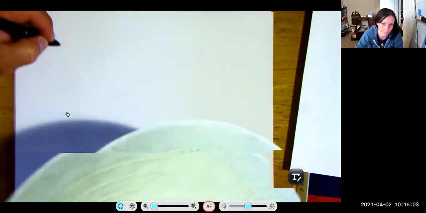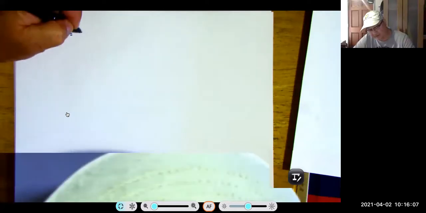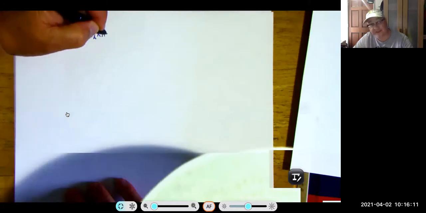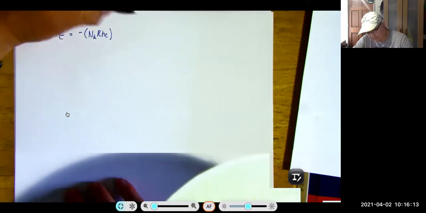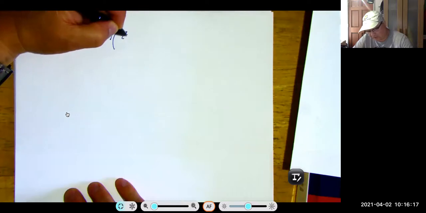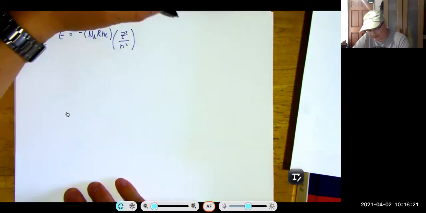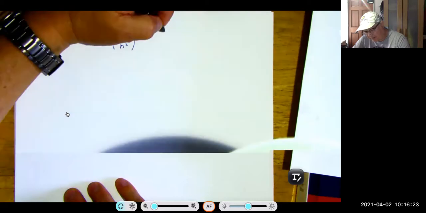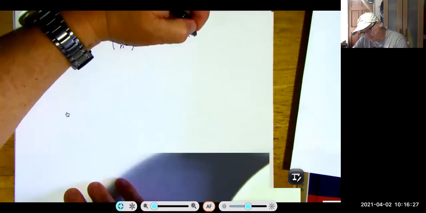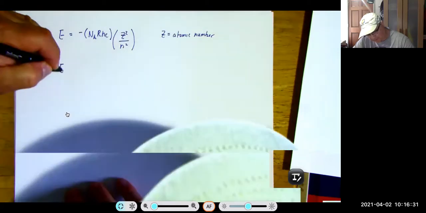So we've got E is equal to negative n sub A R H C, Z squared over n squared, and Z is the atomic number. Now we're going to do this for helium.